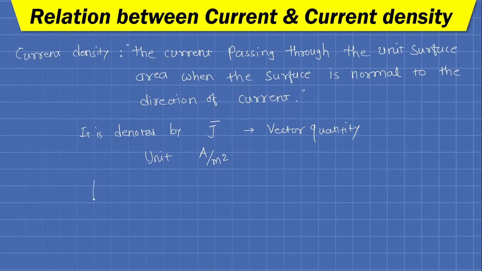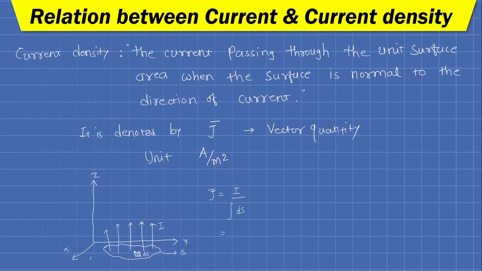we are considering two cases. As you can see, I have taken a Cartesian coordinate system, right-handed, and I have some area, let's say S, and the direction of current is towards positive Z. So current over here is moving from negative Z to positive Z. If we imagine a small differential area ds, this is our current, then J bar over here will be equal to I divided by integration of ds.